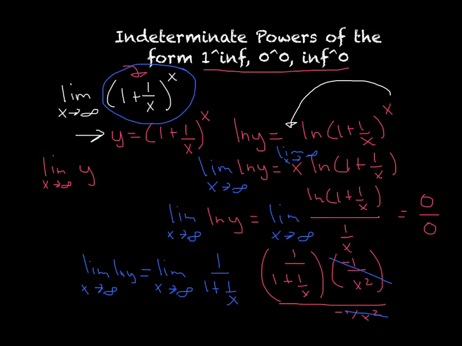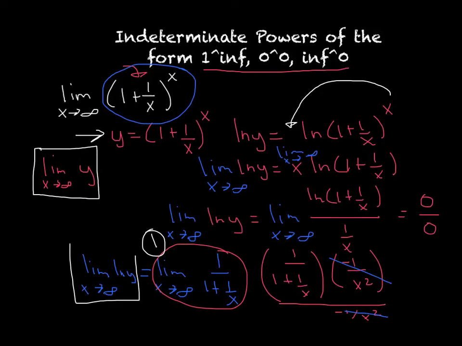Okay? So this whole limit right here just turns into 1. And you may be thinking, well, that's my answer. But remember, we are ultimately after the limit as x approaches infinity of y, not the limit as x approaches infinity of the natural log of y. So this is what we need to do. We need to do a little clever trick.